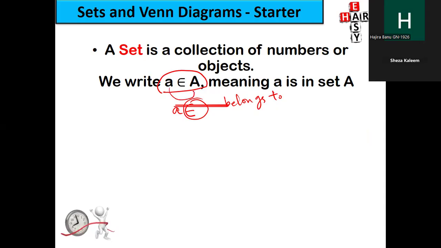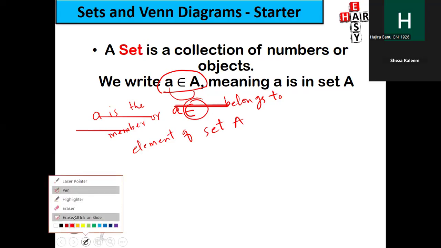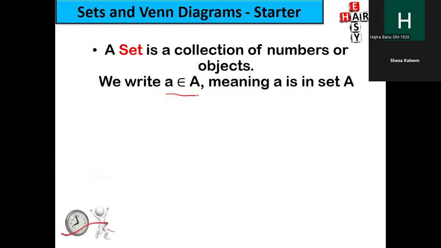So a belongs to A. That means a is the member or element of set A. So if I have to say that a is the member or element of set A, I simply say a belongs to A, meaning a is in set A.